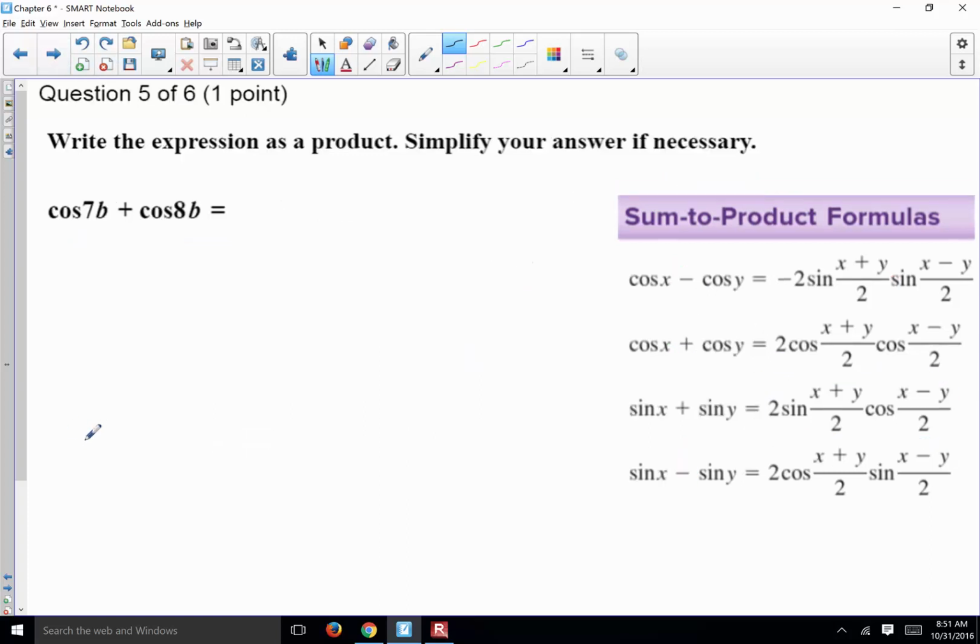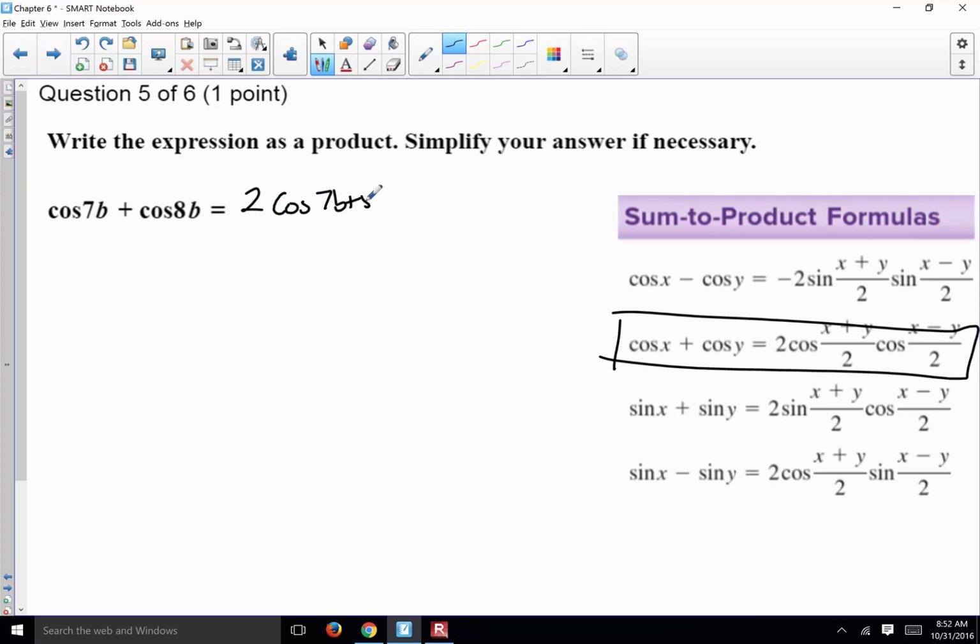Alright, the next question. You have now a cosine cosine couple. Which one in the list are you going to use? First, second, third, fourth? Second. So it is twice cosine of 7b plus 8b over 2 and cosine of 7b minus 8b over 2.